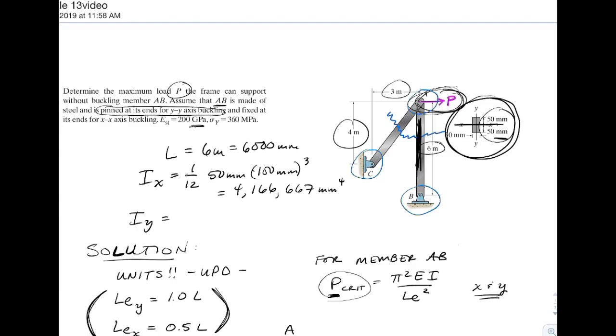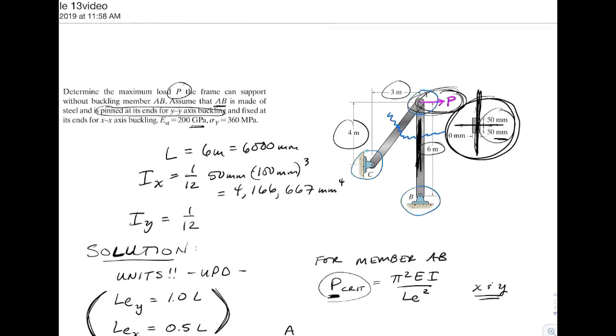Moment of inertia about the y-axis, which would be sitting in the vertical direction, 1/12 the base, which is the side parallel, which would be 100 millimeters times 50 millimeters h cubed. Multiply that together, we would have 1,041,667 millimeters to the fourth.